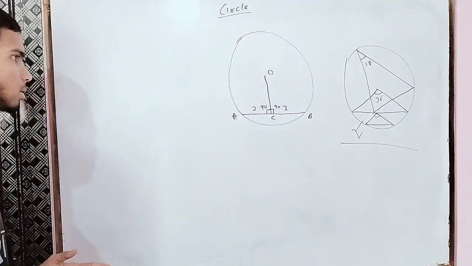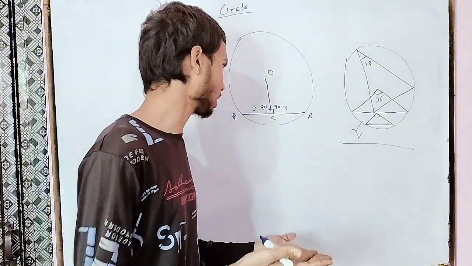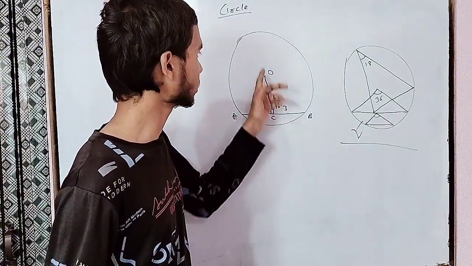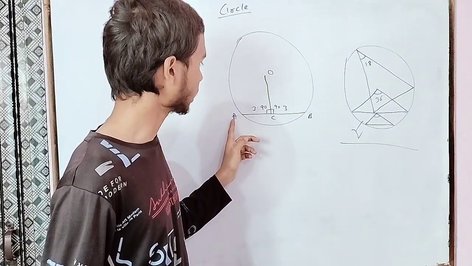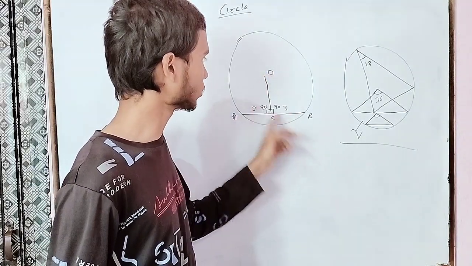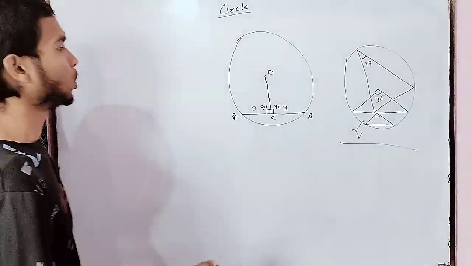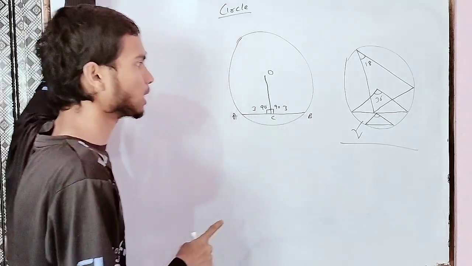This is a separate topic, but from here we are observing it. That's why I am telling you that the sum of angle ACO and angle OCB will make 180 degrees. So when it comes to 180 degrees, here AB is a straight line.